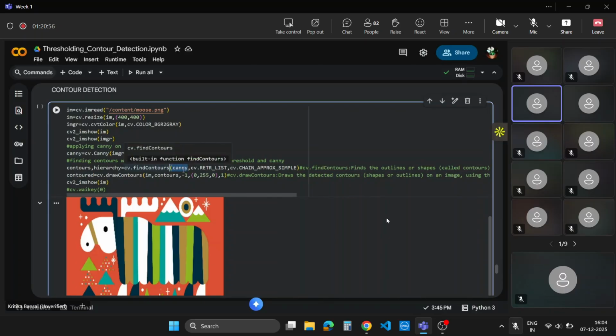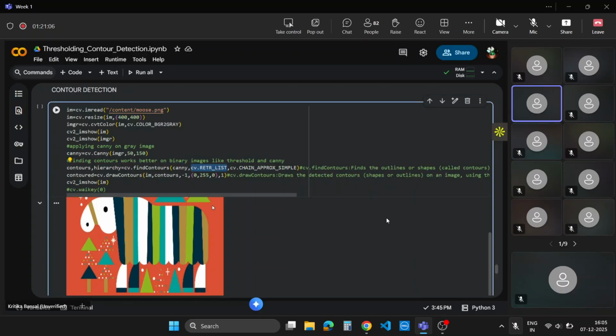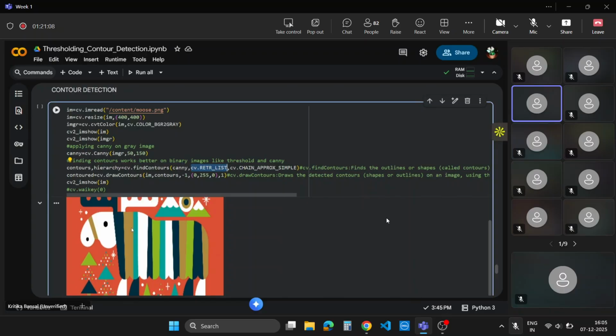Then the second argument tells you the contours that you want to detect. You have different kinds of contours here. The outermost contour will be this one, between the background and the face of this animal.